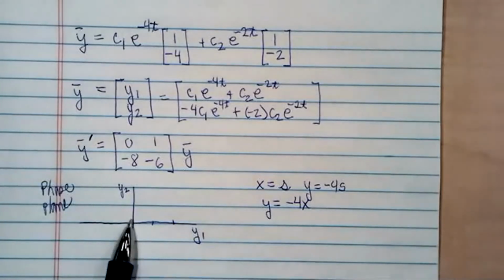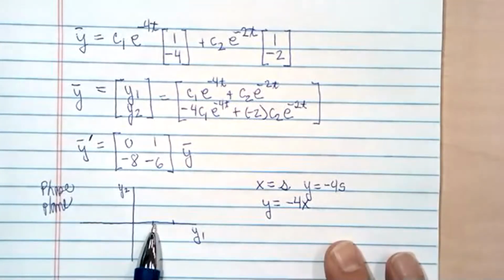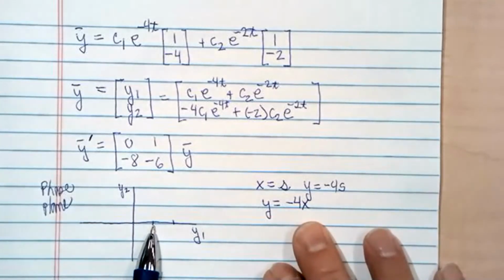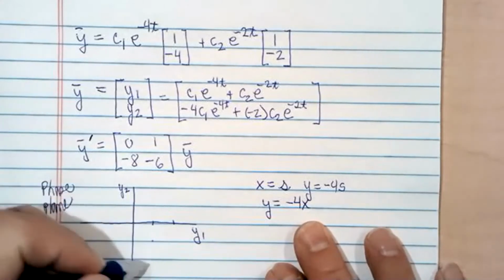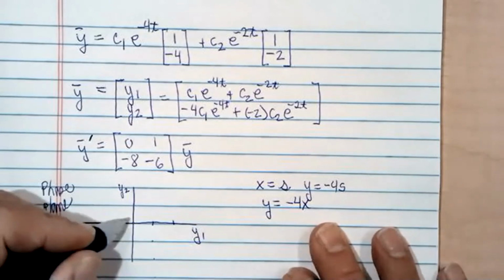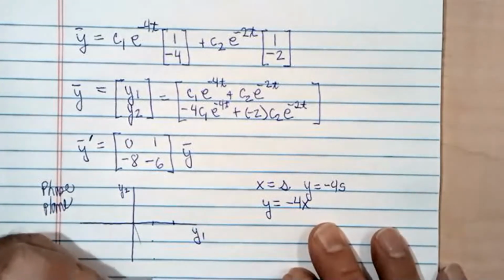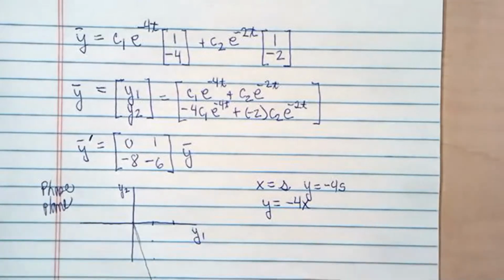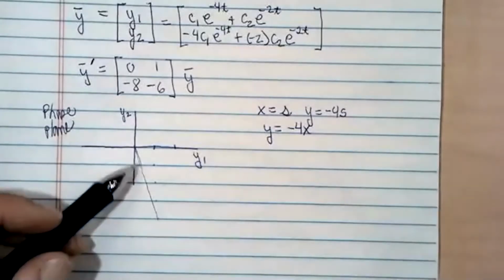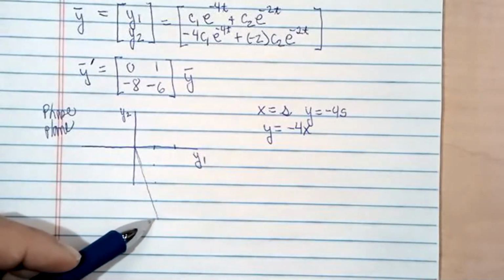So let's see. If you go over 1 unit, starting from the origin, if you go over 1 unit in the x direction, you'd go down 4 units. It's pretty steep in the y, and I get this vector right here. So the original vector is just like this. And you know, if we were drawing vectors as usual, put an arrow there. Don't do that.